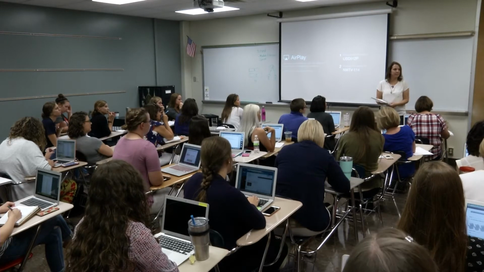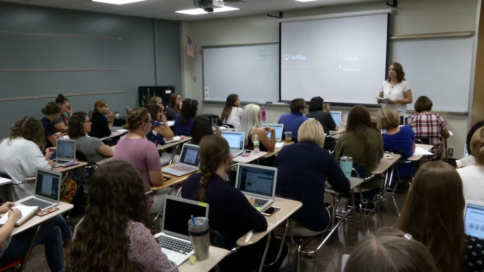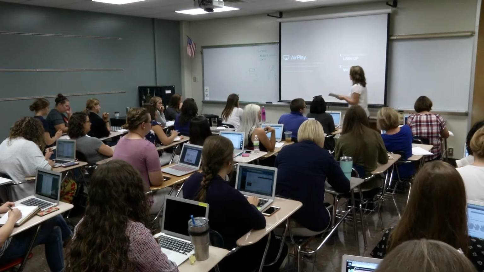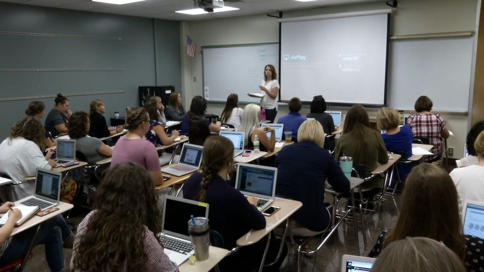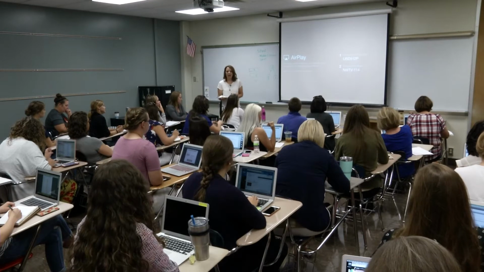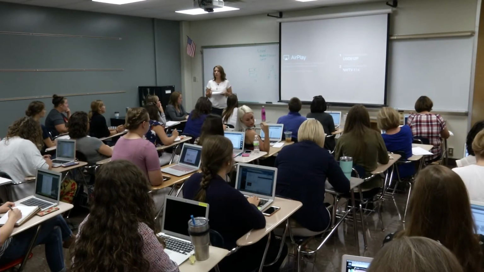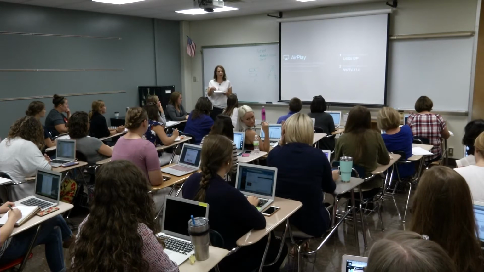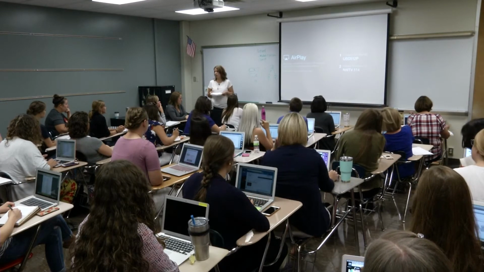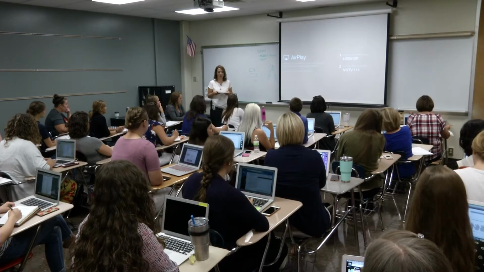But now we're going to go into the second part of our lesson, which is the application problem. I'm going to write the problem on the board, and you can use your whiteboard or scratch paper, or you can use the whiteboard on your iPad to solve the problem, okay?